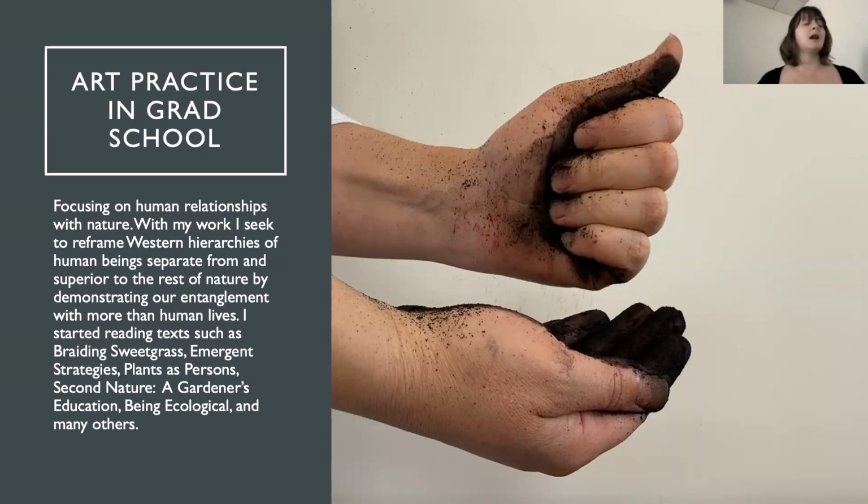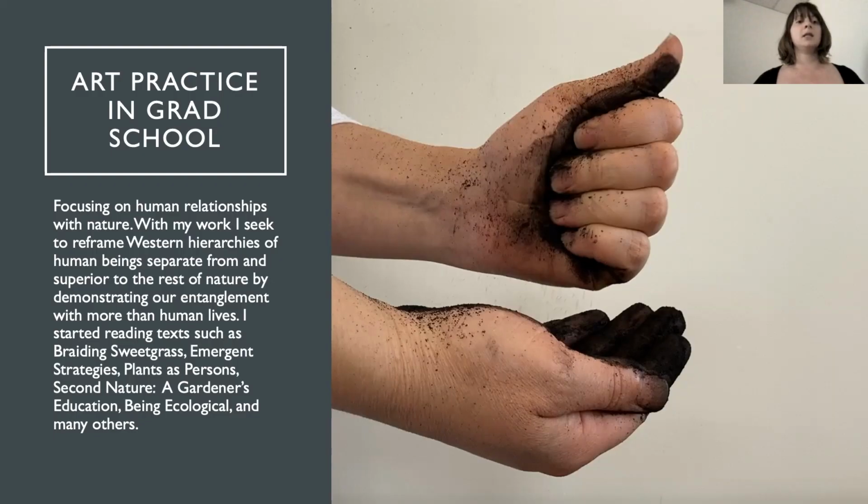And so texts that I was reading throughout this time were Braiding Sweetgrass by Robin Wall Kimmerer, Emergent Strategies by Adrienne Marie Brown, Plants as Persons, Second Nature, A Gardener's Education, and Being Ecological, which is a philosophical text by Timothy Morton. So all of these were feeding into my practice.